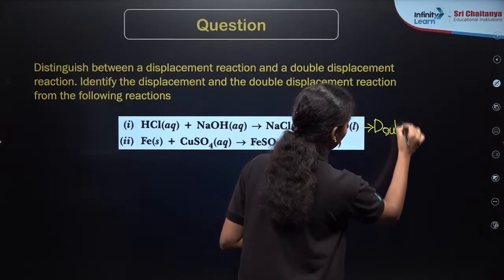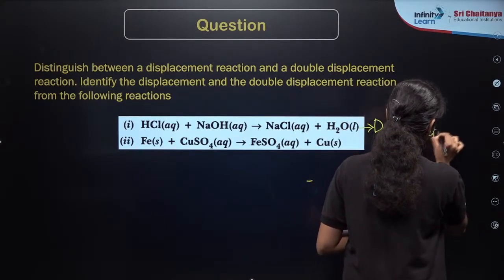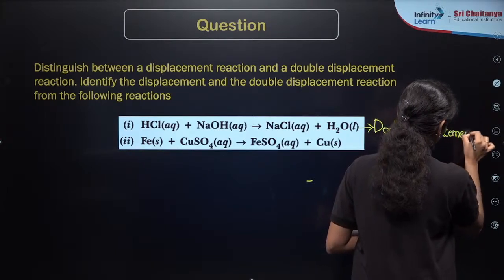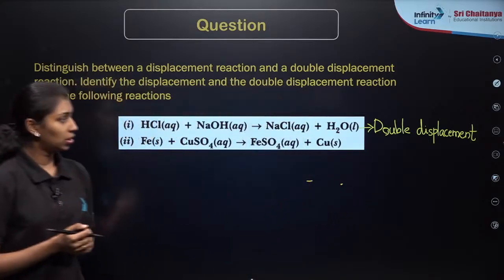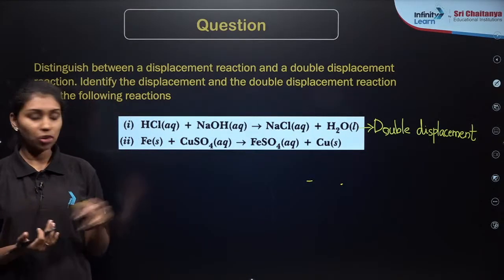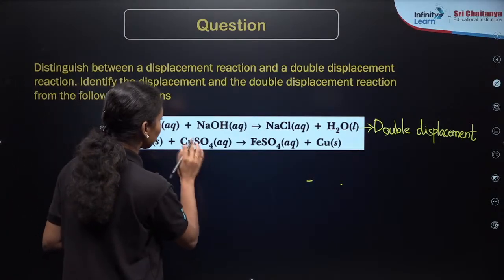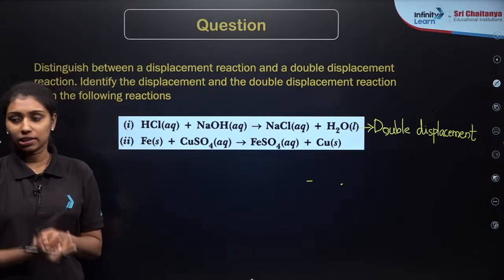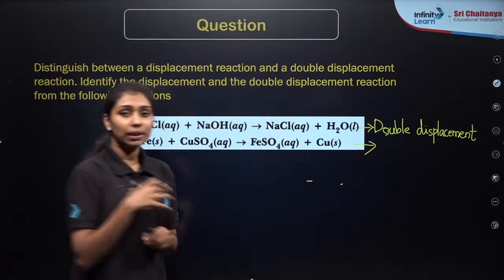Then what about the next one? What is happening here in the second reaction? Iron will be displacing the copper, right? So iron can displace the copper from the copper sulfate solution, which means that it completely depends upon the reactivity series. We have already studied the reactivity series in the third chapter, metals and non-metals.